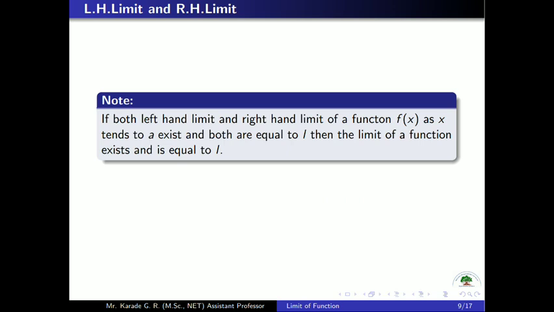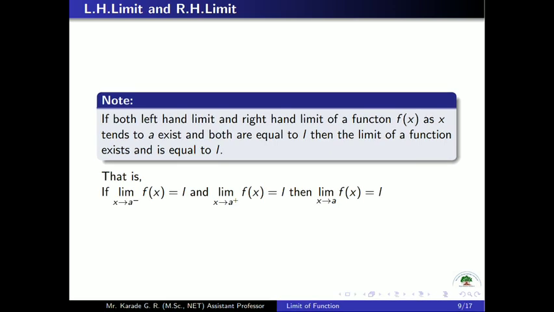Note down, if both left hand limit and right hand limit of function f of x as x extends to a exist and both are equal to L, then the limit of a function exists and is equal to L. So for a limit of a function f of x to exist, it is necessary that the left hand limit and right hand limit of that function exist.